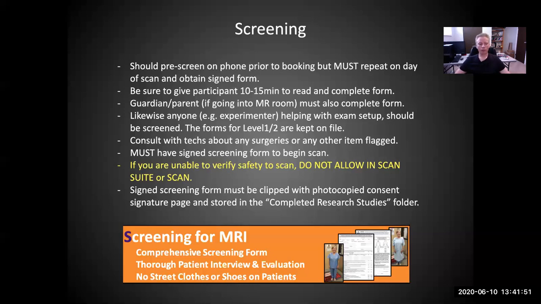The forms for level 1s and level 2 people are kept on file, so they don't need to be completed every single time. We expect that trained personnel will remember what are the important points on that form and to update it if necessary. For example, if they've had a surgery which might implant technology or metal in their body, or any other events in their life, such as an accident which might impact it.